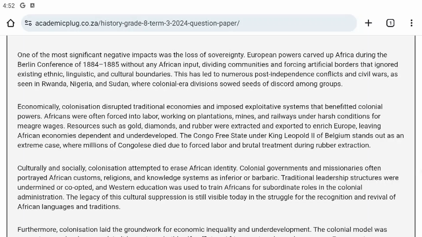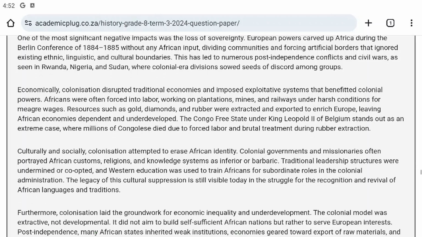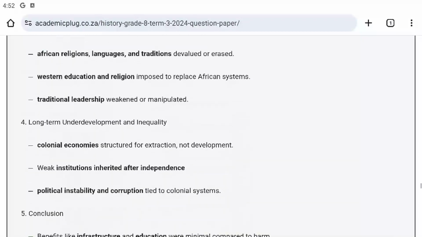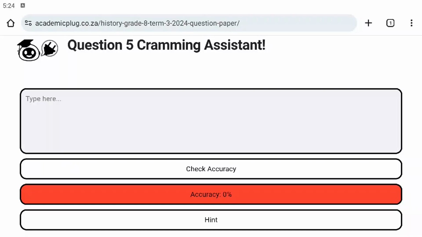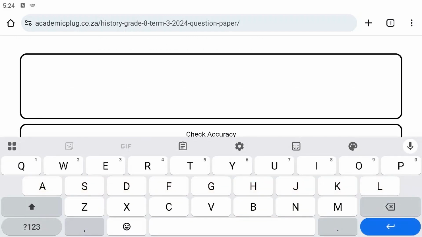So when you come to write your essay, what I'm going to do is come here and press on the typing area. Since I'm using an Android, a lot of you might be familiar with this keyboard layout, but the important feature here which is going to allow you to do this effectively is the voice to text feature, right?